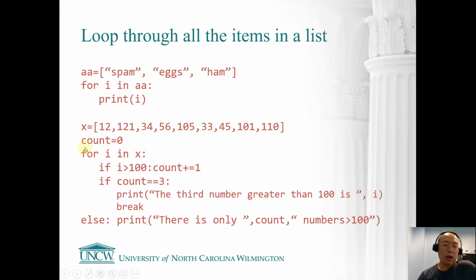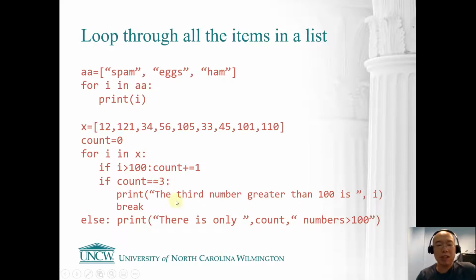So we start the count from 0, and then for i in x, we know this. If the current value we are visiting is greater than 100, we increase the count by 1, saying I have seen one more value greater than 100, right? And then when this count is exactly 3, this means we are visiting the third value greater than 100.